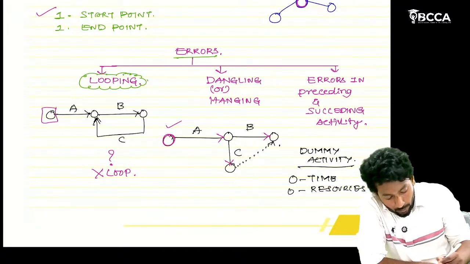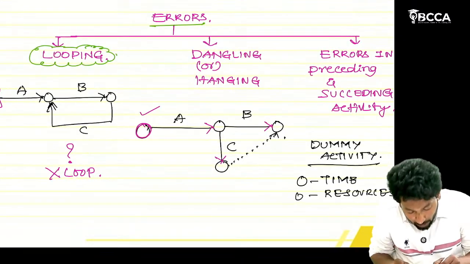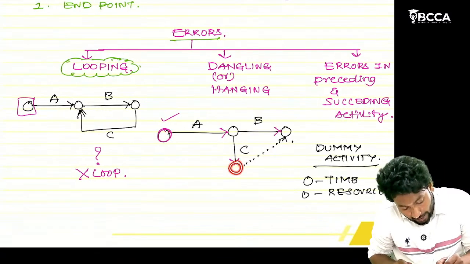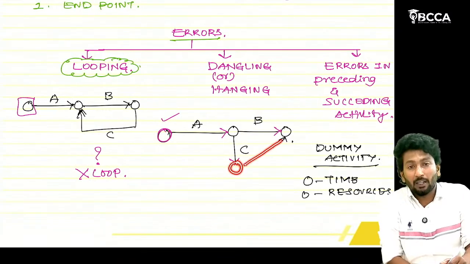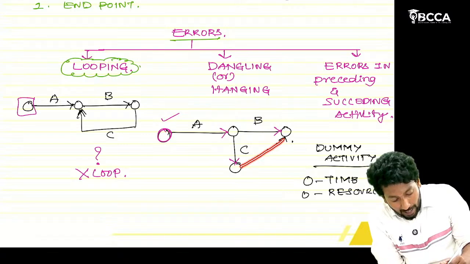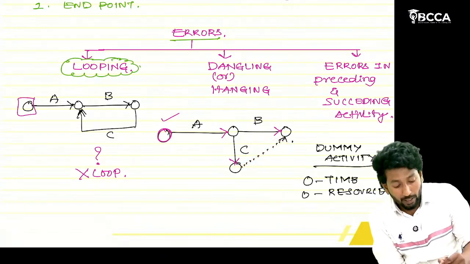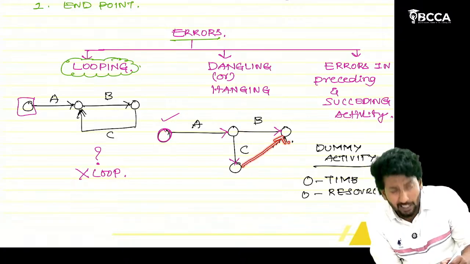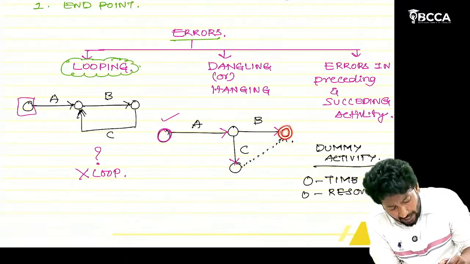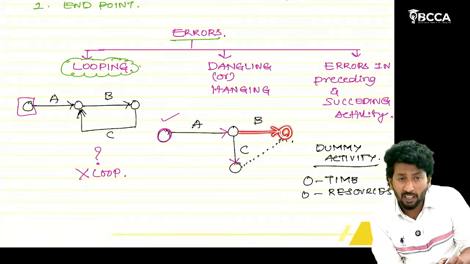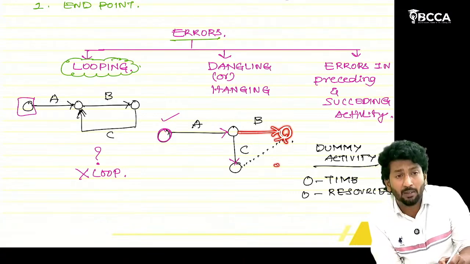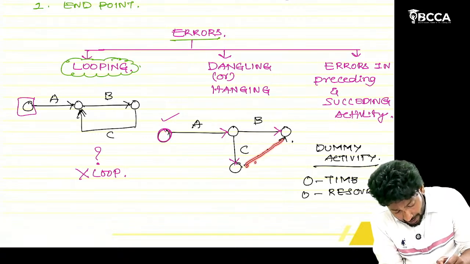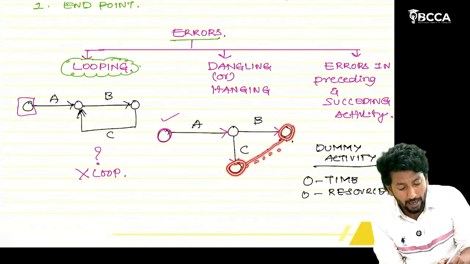What does it mean here? Here C is ending. Immediately after C ends, the dummy activity starts here and ends here, within no time, connecting here. That means at this event, activity B is ending and the dummy is also ending. Dummy means zero time, zero resources. This dummy line gives the meaning that C is also ending here.